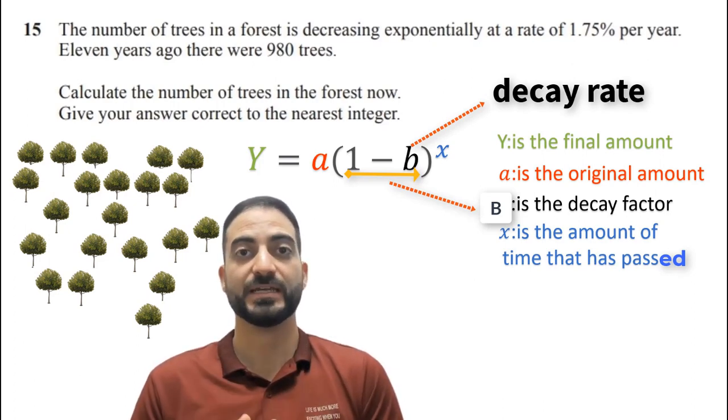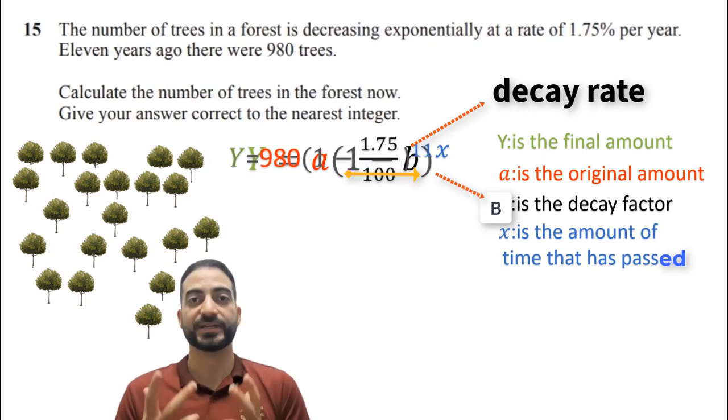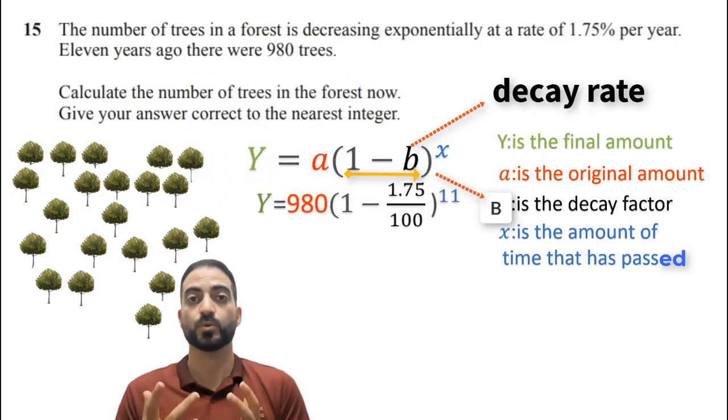In place of a, we put 980, and in place of b, we put the rate, which is 1.75 over 100. And in place of x, we put the time, which is 11 years. And we will get the number of trees in the forest now.